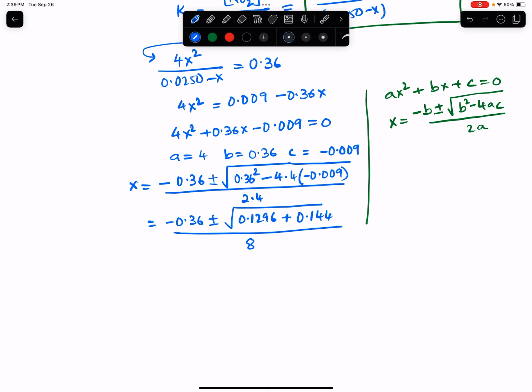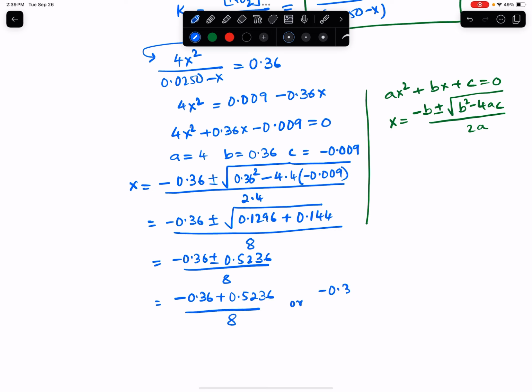All right, so we simplify that again. So this entire expression becomes plus or minus 0.5236 over 8. Okay, and now at this point, we have two scenarios. We can have minus 0.36 plus 0.5236 over 8, or we could have minus 0.36 minus 0.5236 over 8.